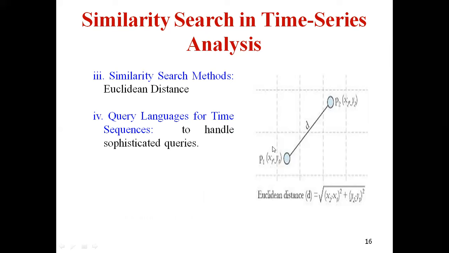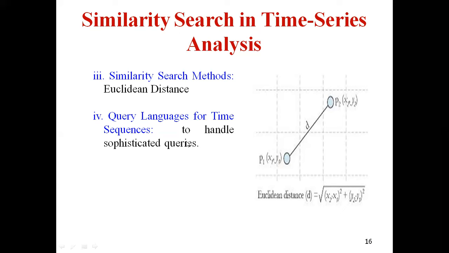It's the Euclidean distance. This is also used in similarity search. At the time of clustering, that means in the K-means algorithm, you use the Euclidean distance for identifying the similarity between two objects. For example, one object is similar to another object. Based on the Euclidean distance, you identify the similarity in the clustering analysis.